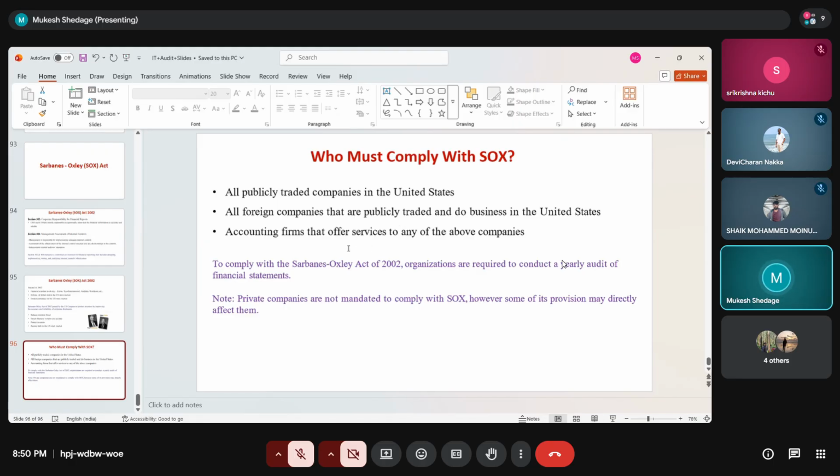If banks like HDFC or ICICI are providing services to these companies and you are doing ITGC control testing for those banks, you are doing SOX ITGC testing. Controls are the same, work report same, evidence same, nothing different. Only if you are doing it for these three criteria of companies, then you are doing SOX ITGC control testing. Understood?